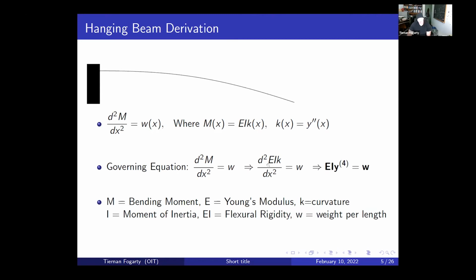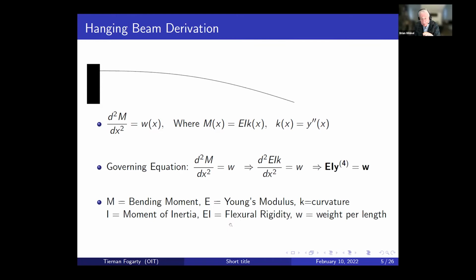As long as Young's modulus and the cross section are constant, this E and I, we end up with this governing equation, which is two constants times the fourth derivative of the position equal to the weight per unit length. There are all these constants, and I do spend some time talking about these with the students, but only after we've collected data. I don't do any of this until after they've got data and have had to mess around with these things.